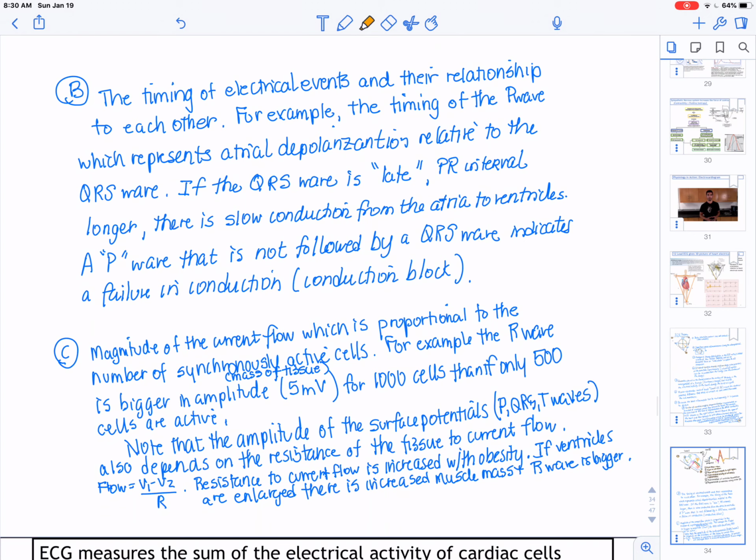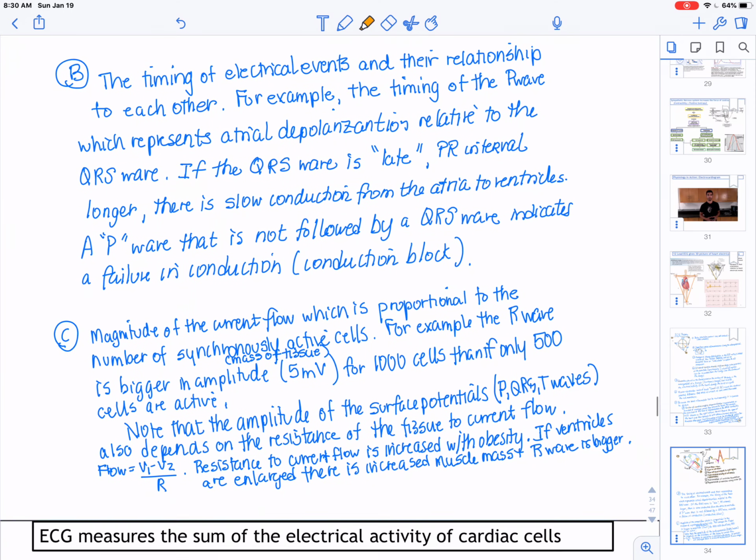The timing of electrical events and their relationship to each other is another really important piece that we get from this ECG data. For example, the timing of the P wave, which represents atrial depolarization, relative to the QRS wave. So that's significant. For example, if the QRS wave is later than expected, that means the PR interval is longer, and there is slow conduction from the atria to the ventricles.